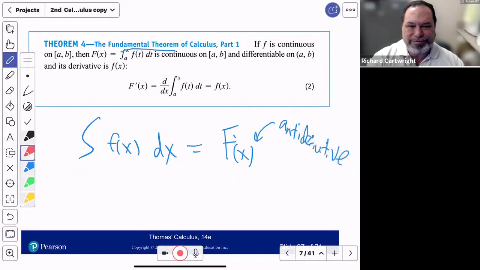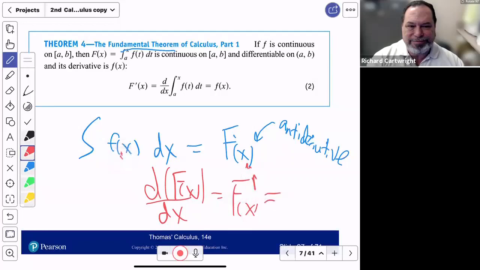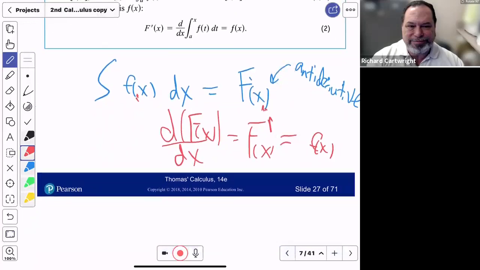If you wanted to, and you did the derivative with respect to x of your big F, which means big F prime, out pops small f of x. When you take the derivative with respect to x of the integral of f of x dx, the derivative cancels out the integral, and that's why the answer comes out to just the f.